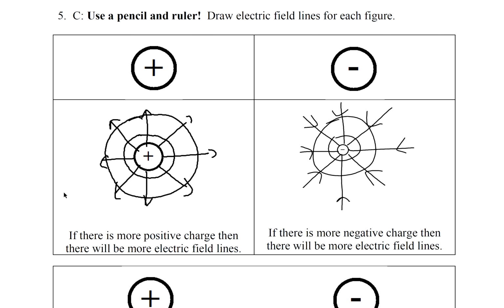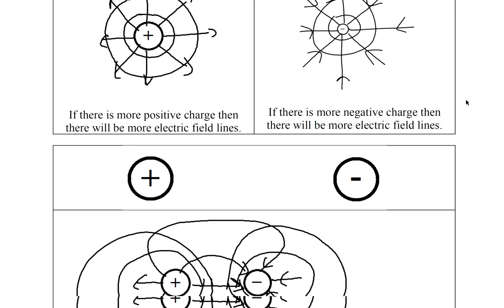Question 5. Draw electric field lines for each figure. So if you have this positive charge, the electric field lines are the lines with arrows. For a negative charge, the electric field lines are the lines with arrows, and they go towards the negative charge.